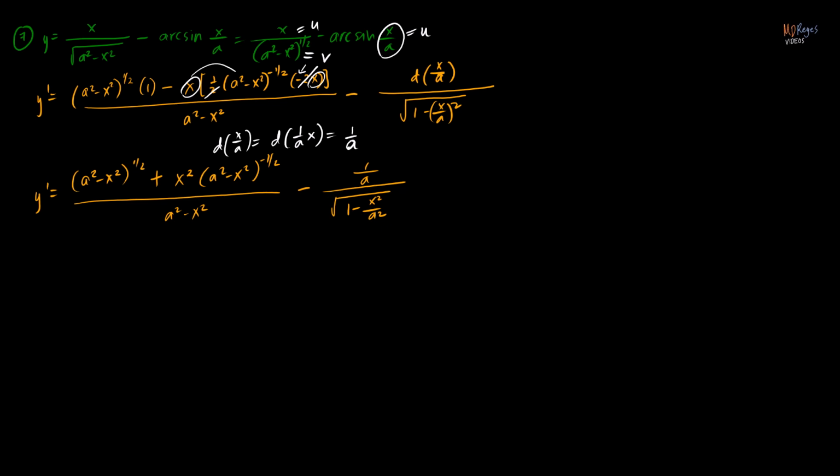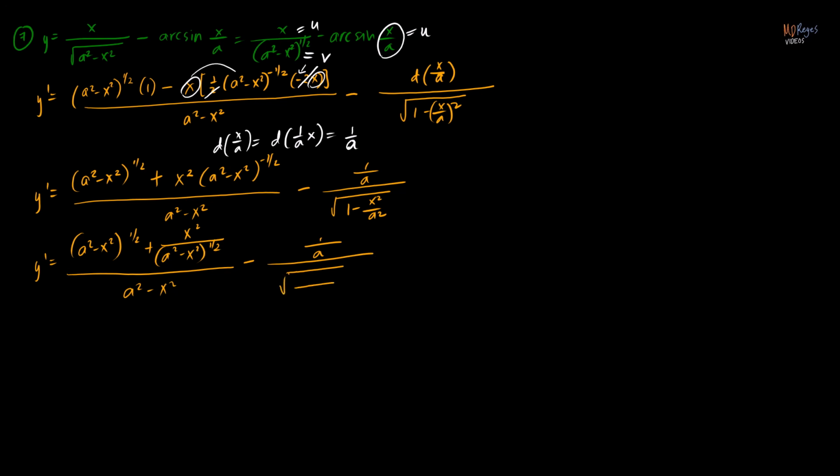Now simplifying further, y prime is equal to a squared minus x squared raised to 1/2 plus x squared over a squared minus x squared raised to positive 1/2 this time, all over a squared minus x squared, minus 1 over a over, well, taking the LCD in the radicand, that's a squared, so this will be a squared minus x squared.